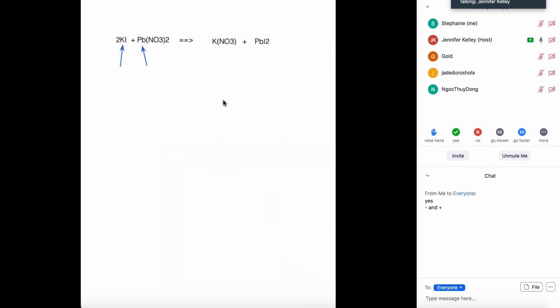All right. So how we figure out whether or not these are aqueous or solid is by looking back at the solubility rules. Looking at the solubility rules, this one is not too bad, because potassium and nitrate are both in the list of things that always dissolve. So those we can call aqueous right off the bat.